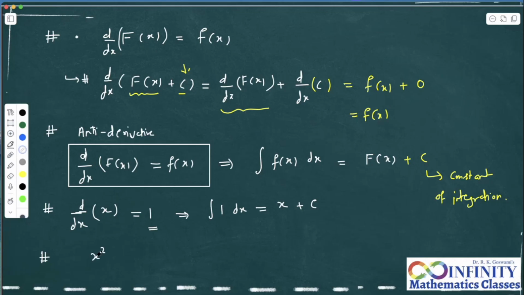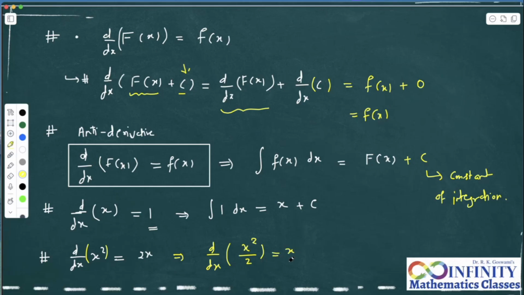Tell me, what is the derivative of x square? Is it 2x? Yeah, 2x, perfectly okay. So if I ask you with a little bit of modification, what is the derivative of x square by 2? What should be your answer?